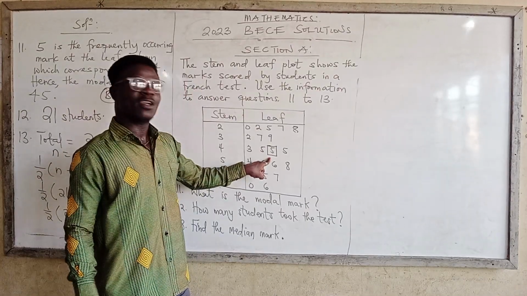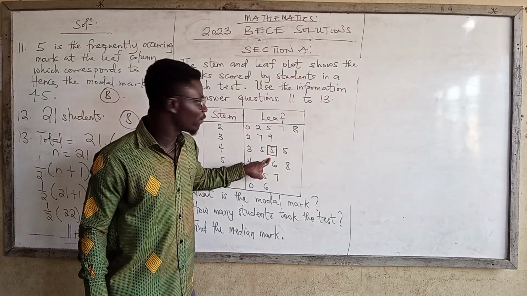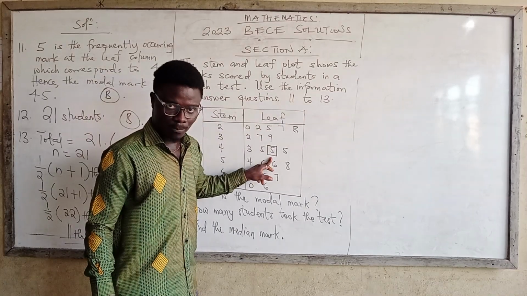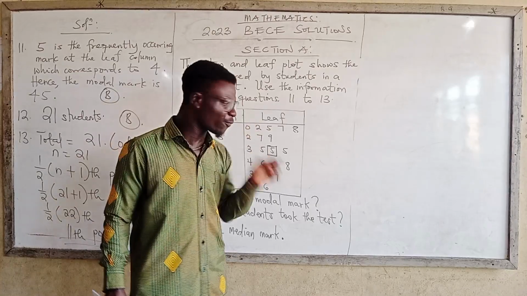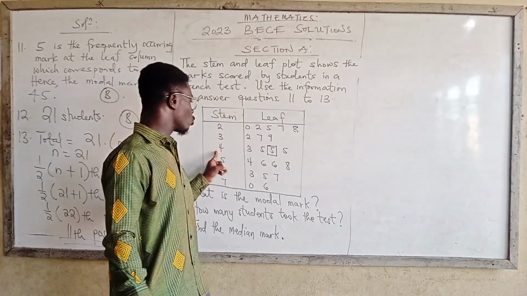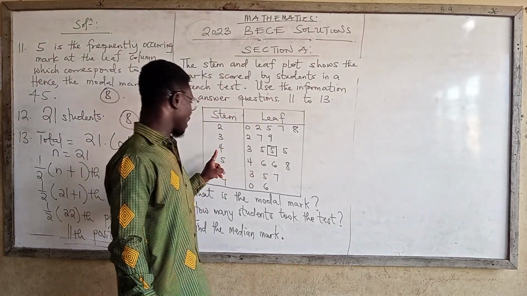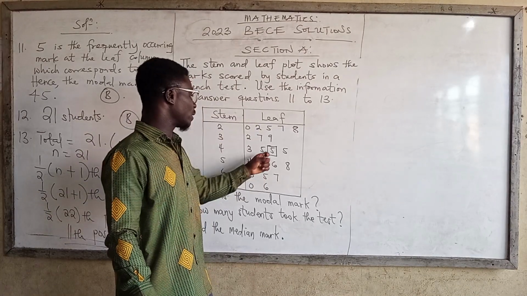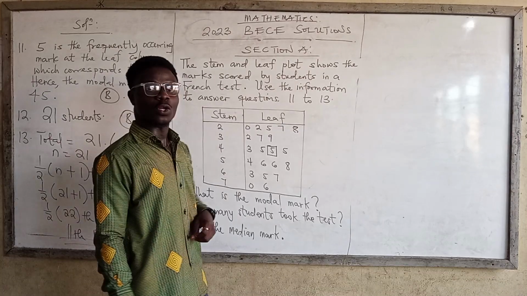So 5 is the leaf, because it's under the leaf column. But we want the actual figure, not this leaf. So we have to attach our stem. This 5 is the leaf, and what is the stem for this 5? It's 4.